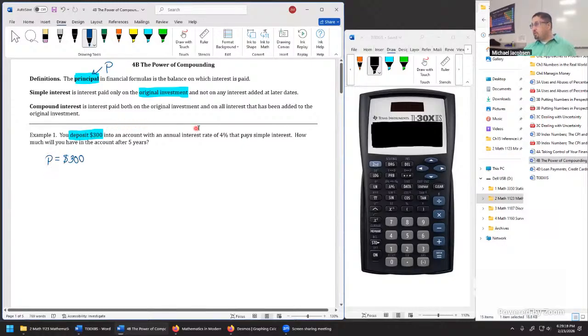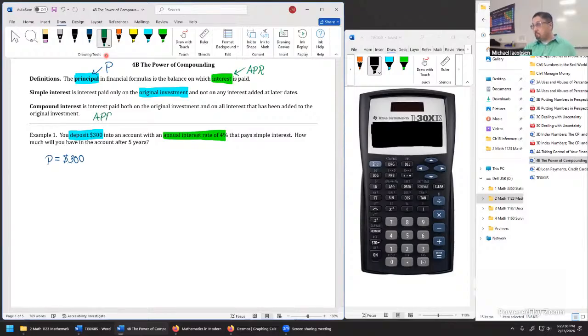It's going into an account with an annual interest rate of 4%. But when we talk about interest, the way we're going to indicate this in the formulas is going to be written as APR. We'll define that as well. APR means annual percentage rate.